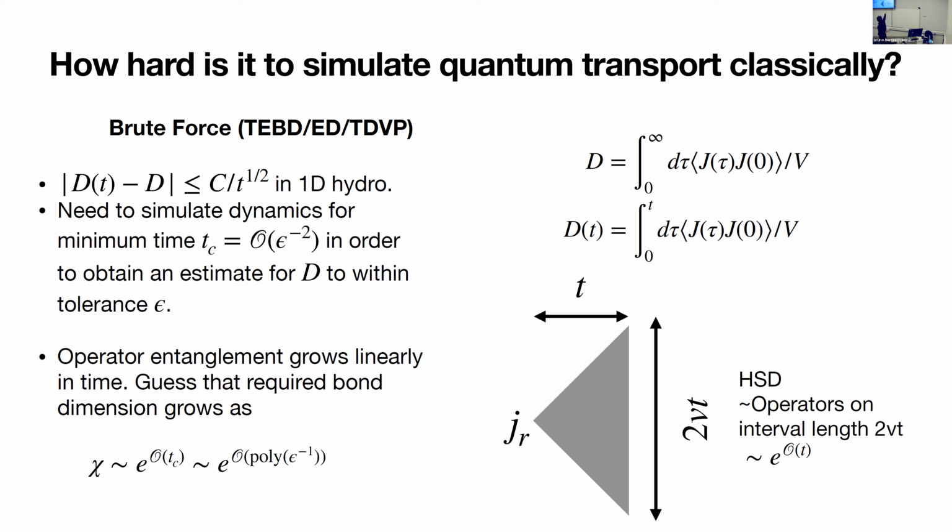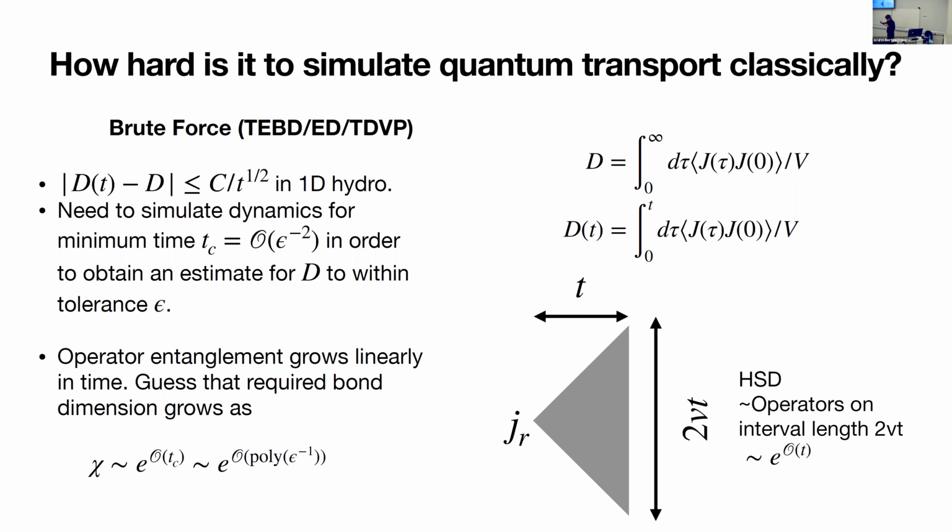So the point is that this J of t, as you evolve it in time, starts off as a very simple operator and then grows ballistically and becomes more complicated. Each of the components of this J of t operator ends up growing in some light cone, but they become an exponentially complicated operator in that light cone. If you think about the total number of operators that you could have in a light cone, the size of that light cone scales like t, so the number of sites in that light cone is like t.